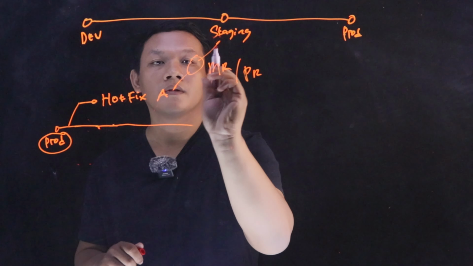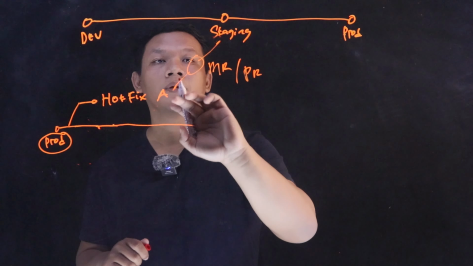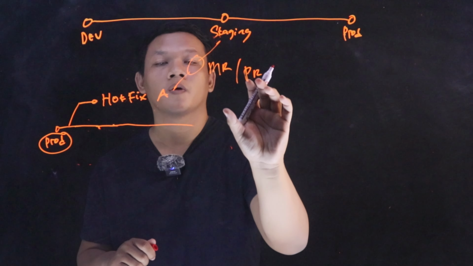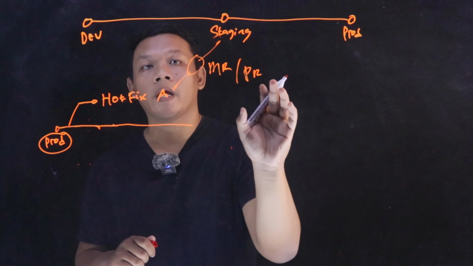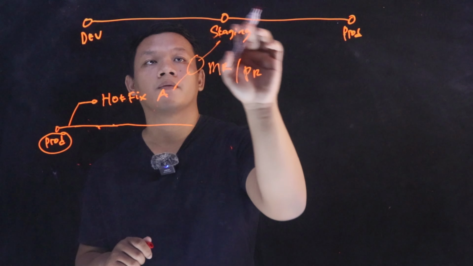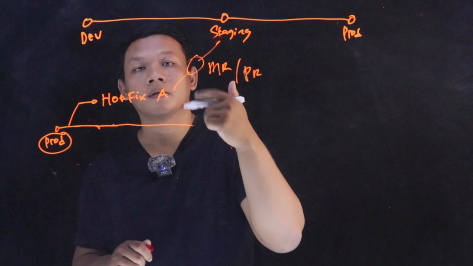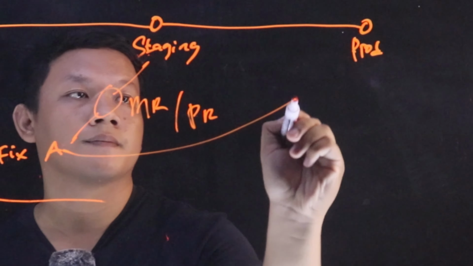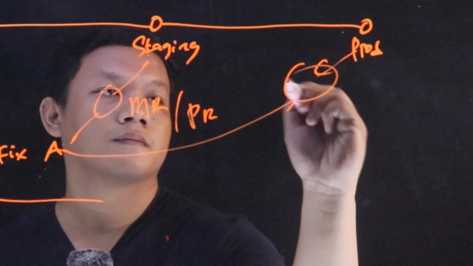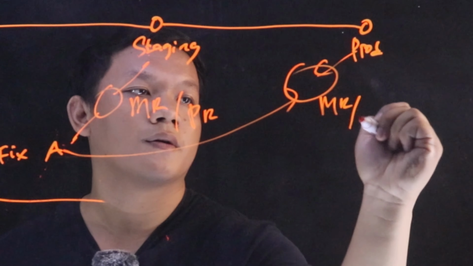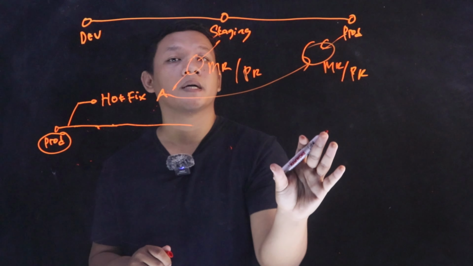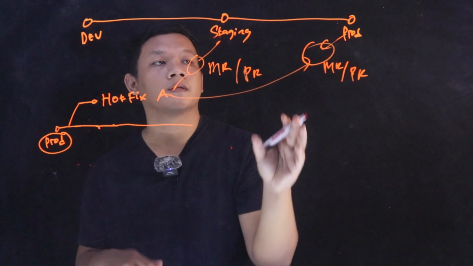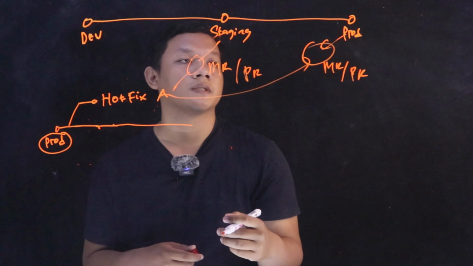Since this is urgent or needs to go to production ASAP, we upload that to staging and create an MR or PR. Then the QA person will verify it on the staging environment. Once it's all good, then we can move it to production. We create another MR or PR. So pretty much that's how you manage hotfix inside our Gitflow development style.